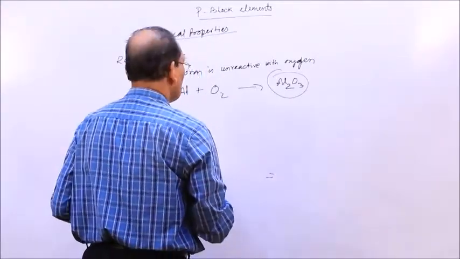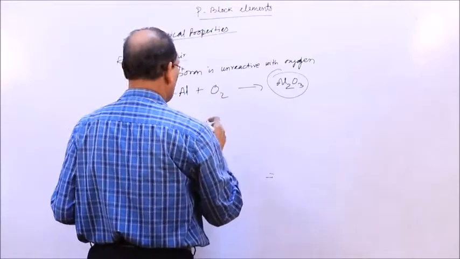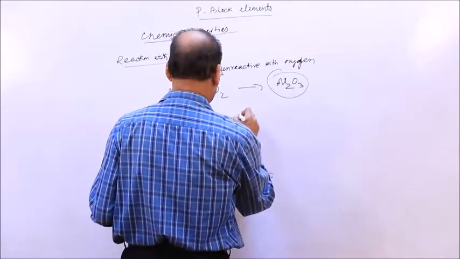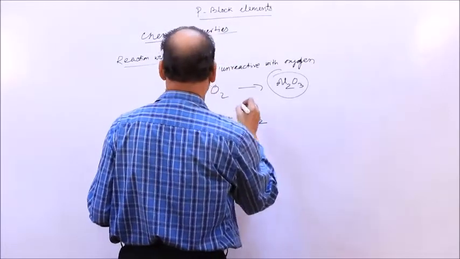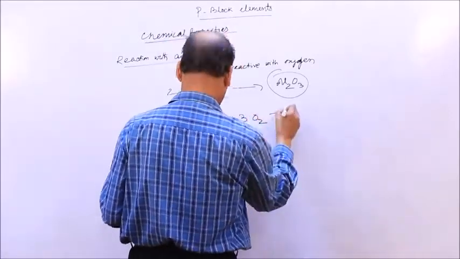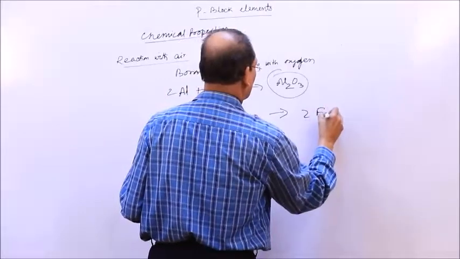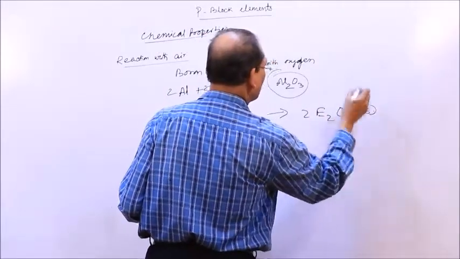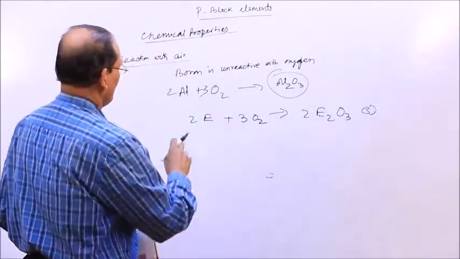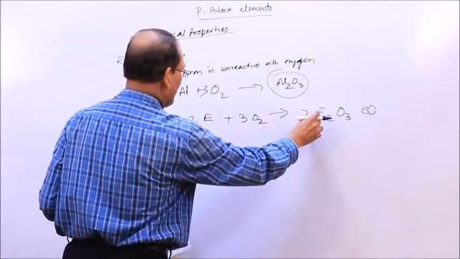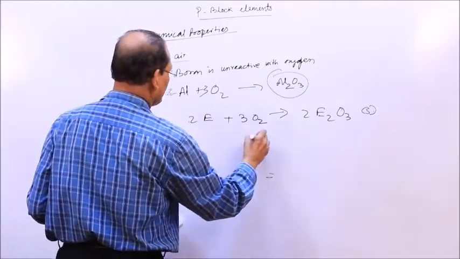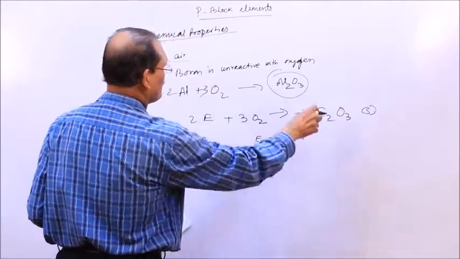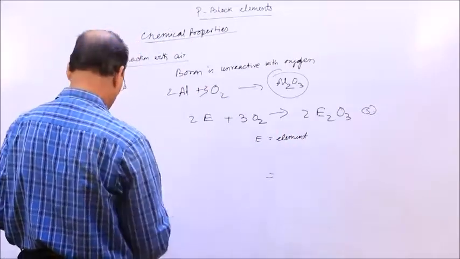This generally gives a solid substance, where E is the element, forming the metal oxide or elemental oxides.